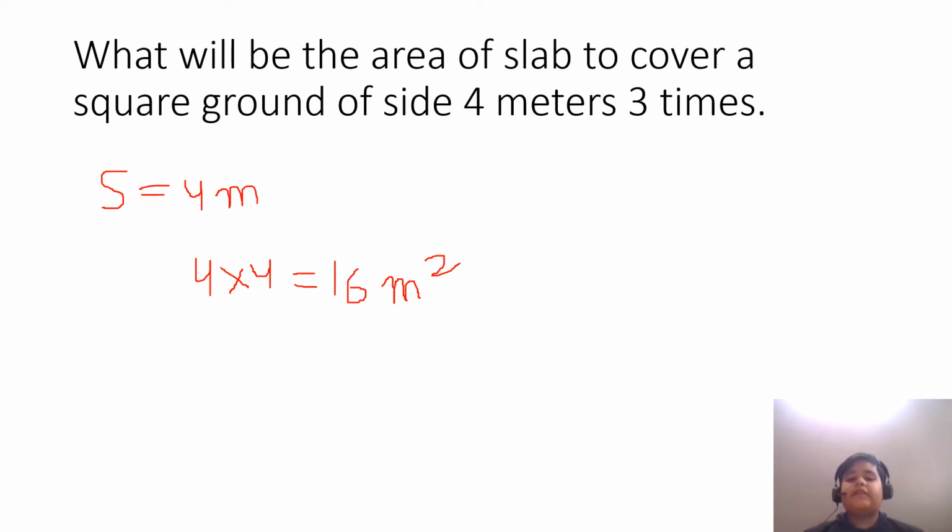But 16 meters square is the area of slab to cover that ground one time. But the question is saying that we have to cover the ground 3 times. It means we have to multiply the 16 by 3.